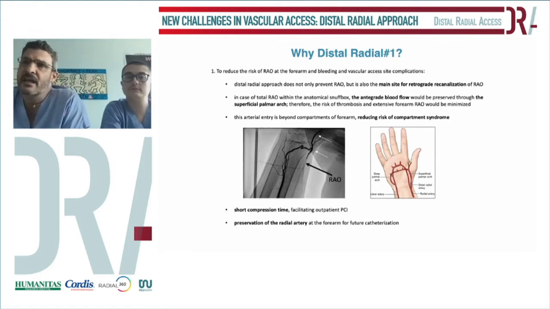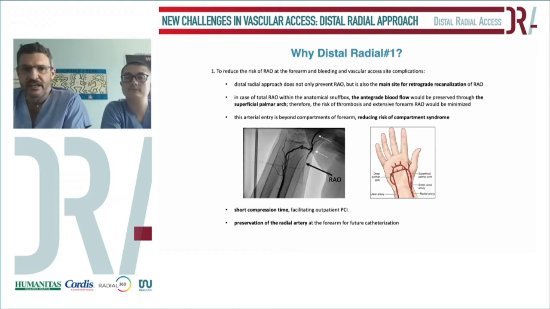Furthermore, in case of radial artery occlusion that occurred after a traditional standard catheterization from the conventional radial access, the antegrade blood flow is preserved through the superficial palmar arch. So this is very important because it prevents ischemia of the hand, especially in the right-handed patient.